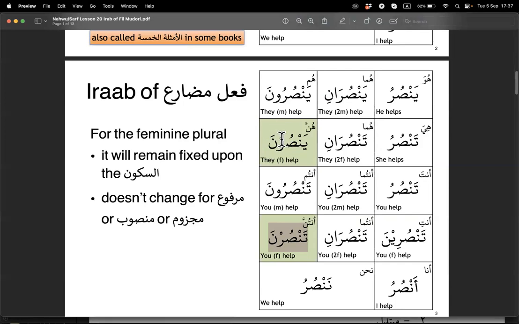After that, we can say fi mahalli rafa, or fi mahalli nasb, or fi mahalli jazm. Not jar, because there is no majrur in fi'il. We have marfu, mansub, and majzum.